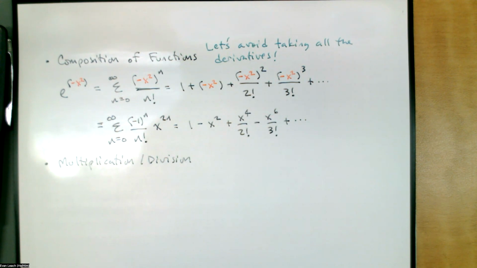Also in the category of let's avoid taking all the derivatives, we could put multiplication and division. This is just going to be the same algebra that we're used to, but it's going to be a little bit weirder because of that plus dot, dot, dot.